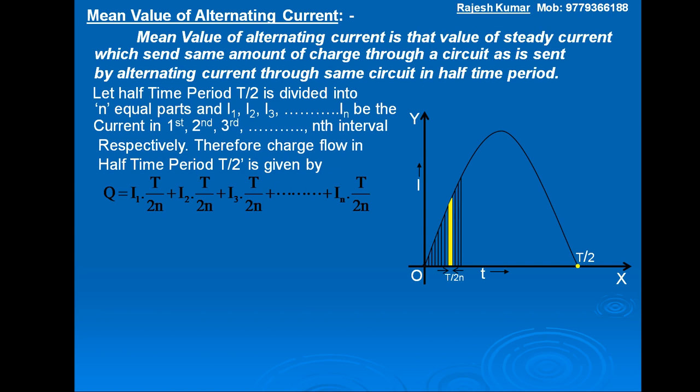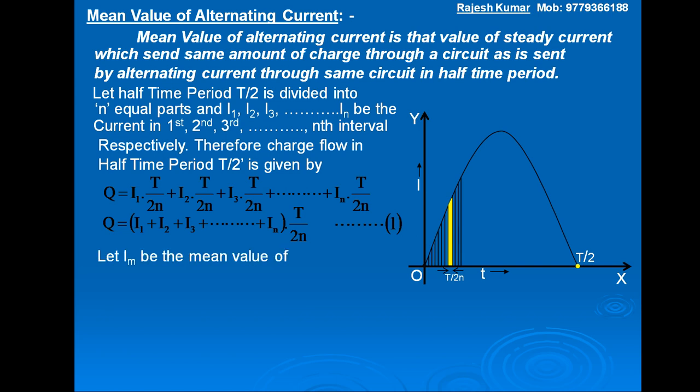The charge flow in each interval is not the same as the magnitude of alternating current is not the same, or Q is equal to I1 plus I2 plus I3 plus so on plus In into T upon 2n, taking T upon 2n common. Let this be equation number 1.